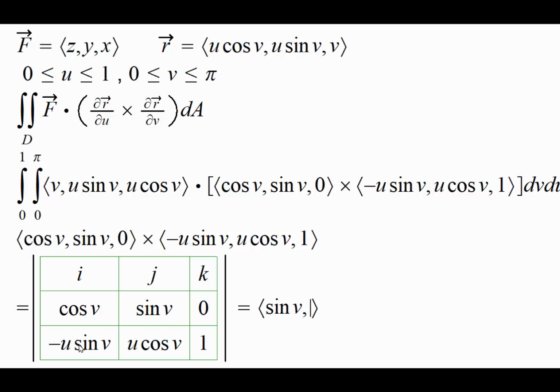So this part is 0, so we simply get what? Negative cosine v, right? And then at the end we will have u cosine square v, then negative would be positive, u sine square v, and the two together would be u because of the Pythagorean identity.